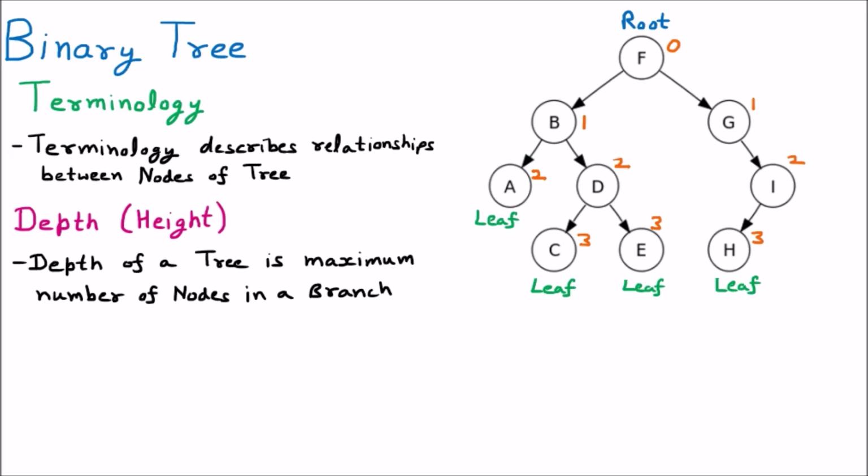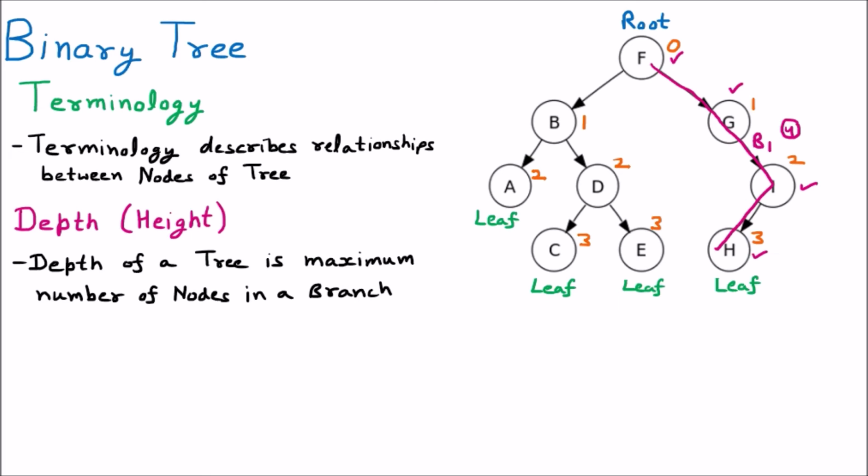If we go from F to G, then G to I, then from I to H, this is our branch B1, which has 4 nodes: F, G, I and H.